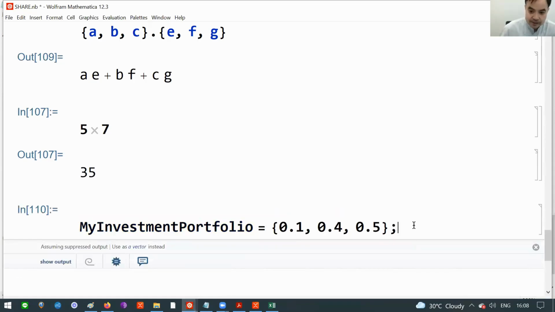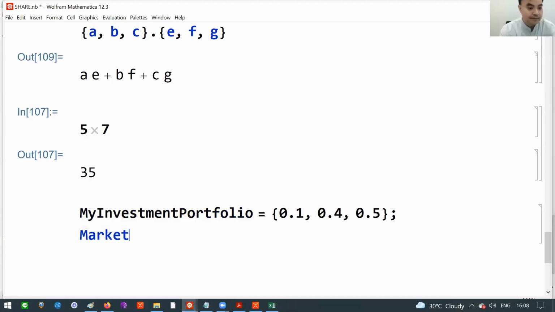And market return is equal to, say, 0.01 or 1%. Now let's say bond gives you 3%. And for this period, it happens to be that the equity market loses minus 0.02.